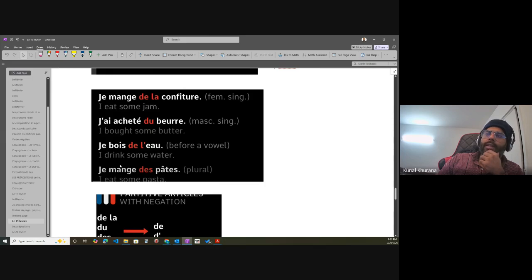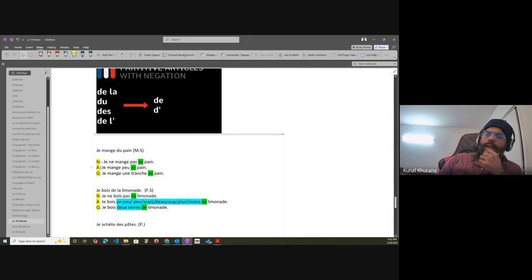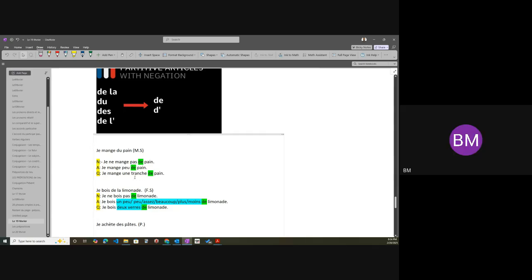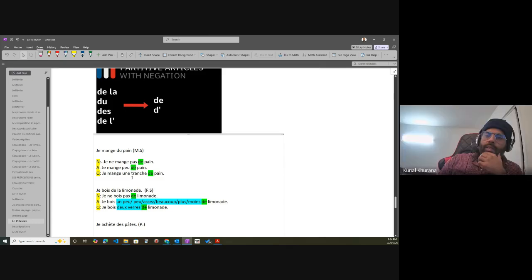So this is the partitive, and this is the negation, adverb and quantity. Just keep in mind that in case of negation, adverb, and any quantity, we have to write de and not the article and the gender of the noun. So to simplify things.